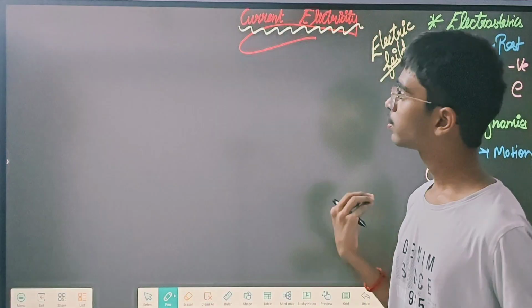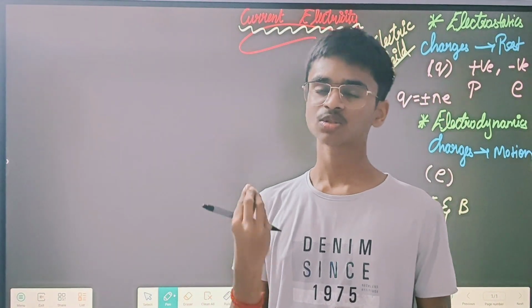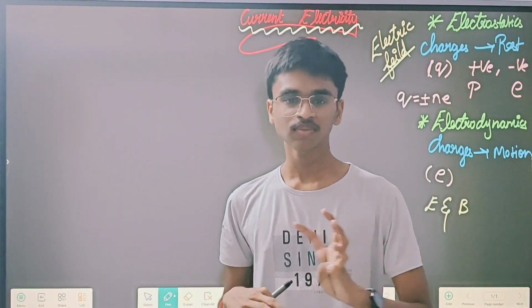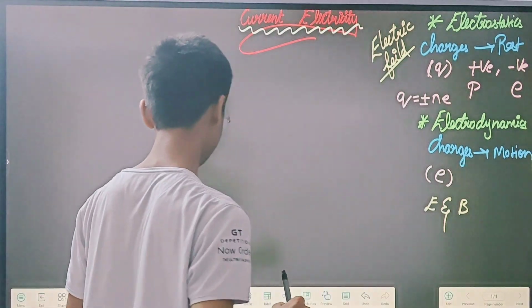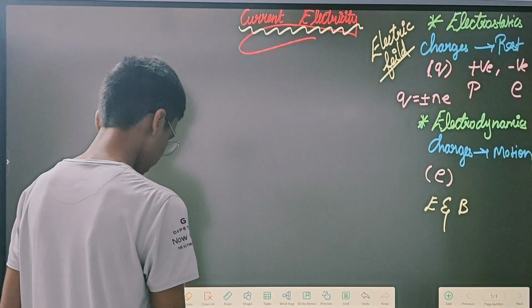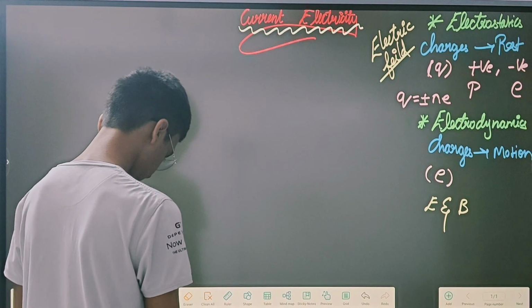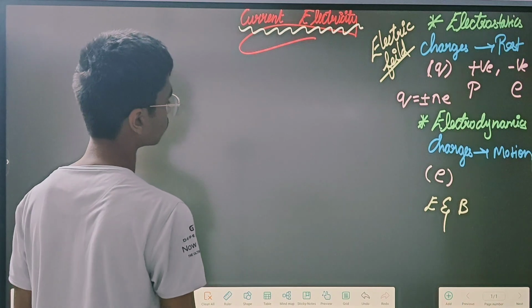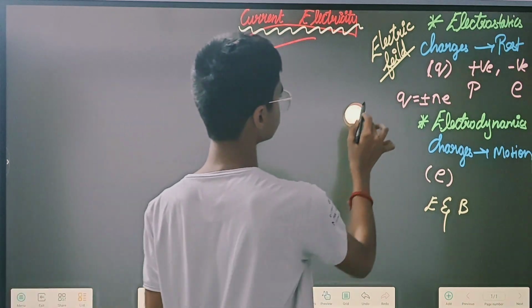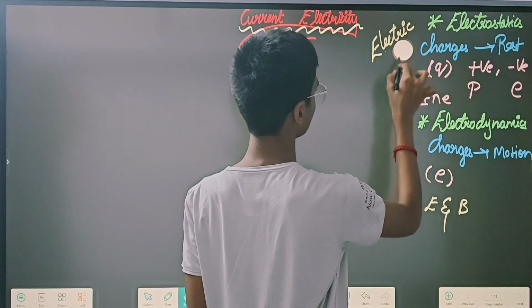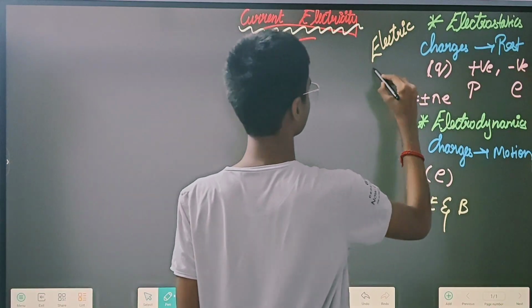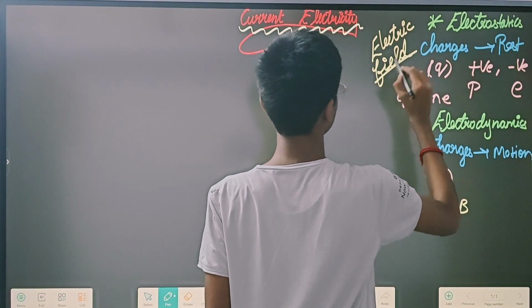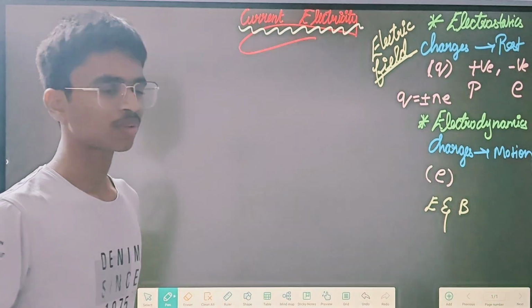So this video is going to be a foundation video for the rest of the topics, because this is very, very important. I have written it wrong here. Sorry, I didn't notice it.